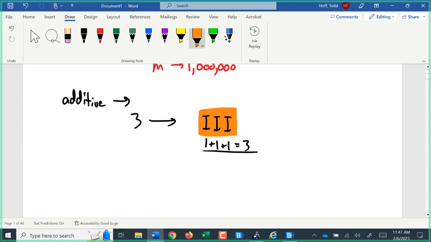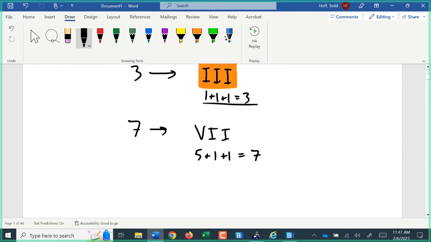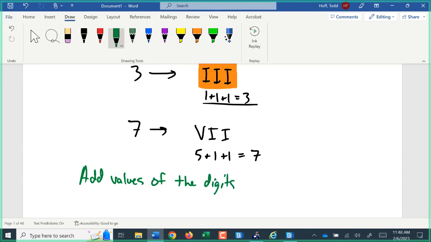If I had something larger that I wanted to represent, let's say I wanted to represent the number 7, I'd use VII. That was 5 plus 1 plus 1 equals the 7. The values of the digits were added together, as long as the digits went from larger to smaller.